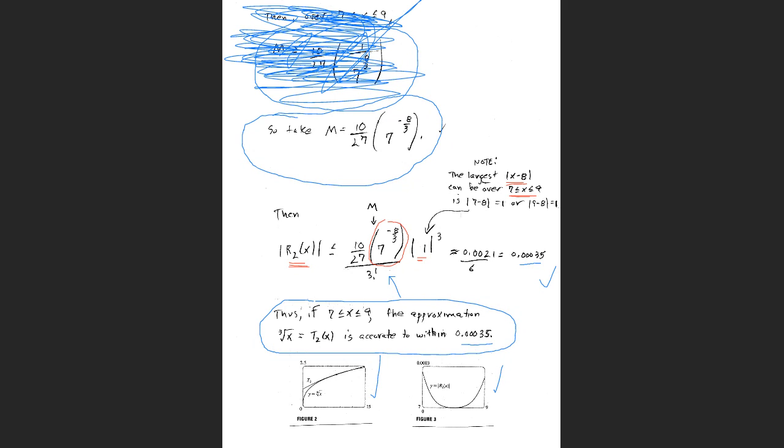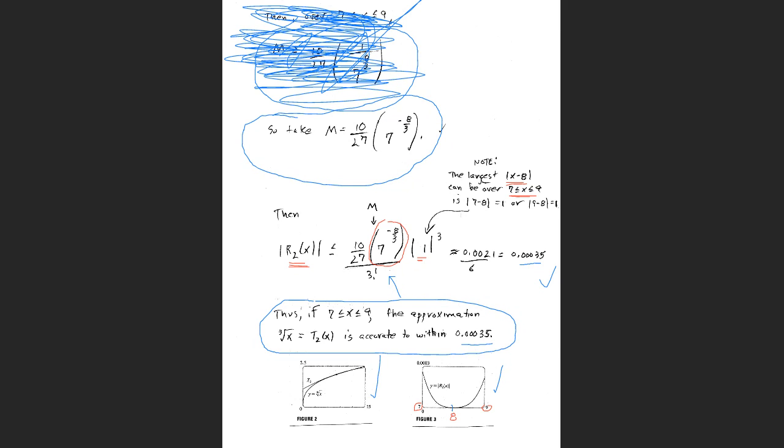And you can see, of course, when a equals, hold on here. Yeah, so the axis, got to be a little careful. The horizontal axis goes from 7 to 9. So right here in the center is a equals 8.